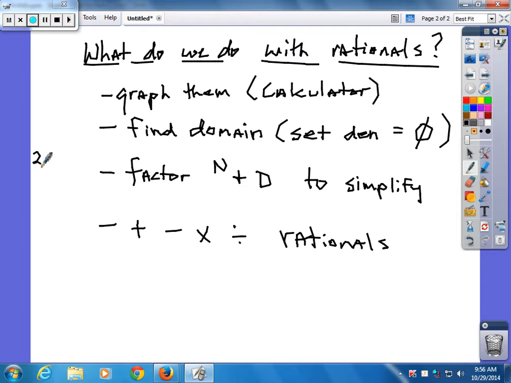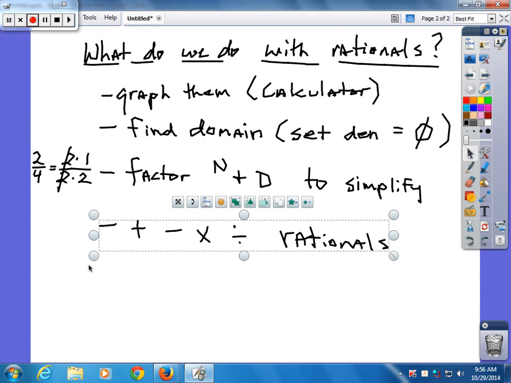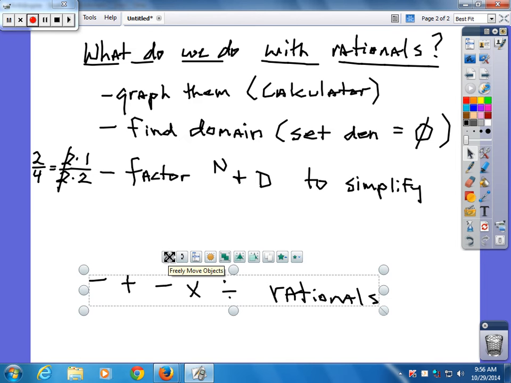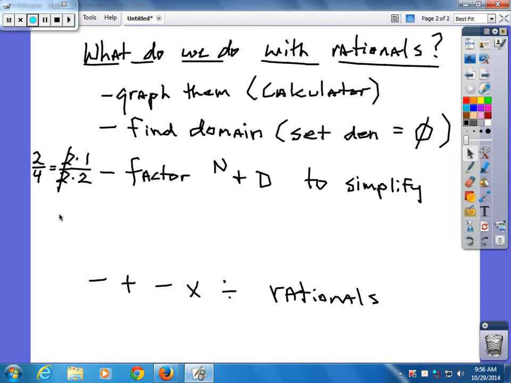Example, 2 over 4 is equal to 2 times 1 over 2 times 2. And what happens here? Same thing with 2x plus 4 over 4x plus 2.